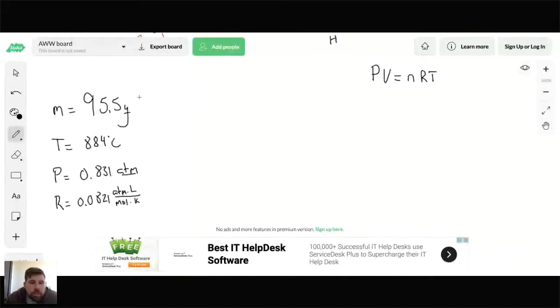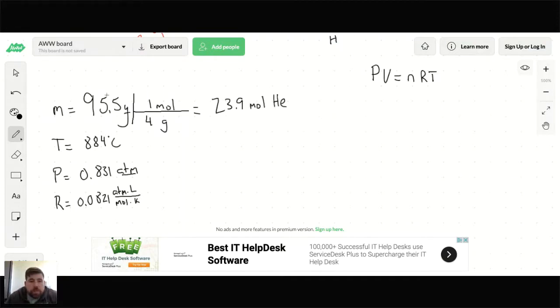We need to convert mass into moles. Remember, the easiest way to do that, and probably the only way, is by using molar mass. The molar mass of helium is essentially 4 grams for every 1 mole. 95.5 divided by 4 ends up being 23.9 moles of helium.